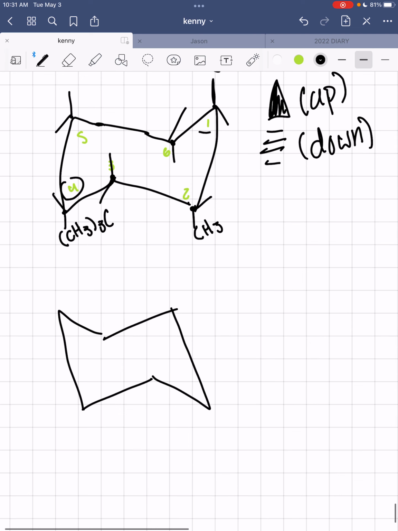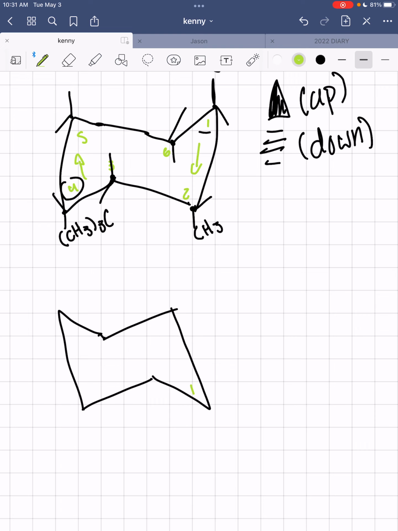That actually looks pretty good. Or maybe it doesn't. That's pretty good for a first try. When you're drawing the flipped version, in order to number it, imagine this one goes on this side and this 4 goes on this side.